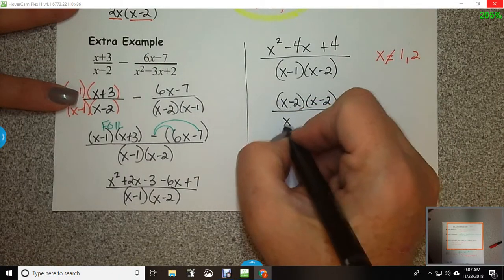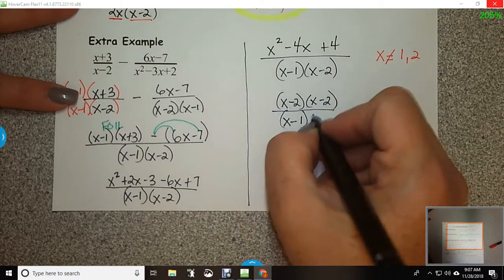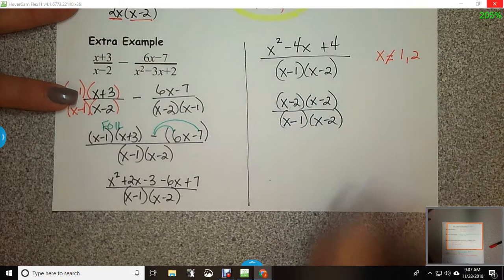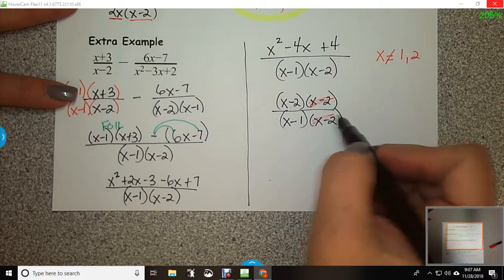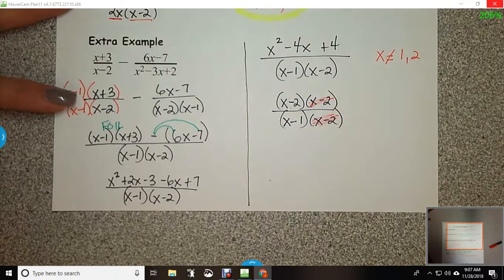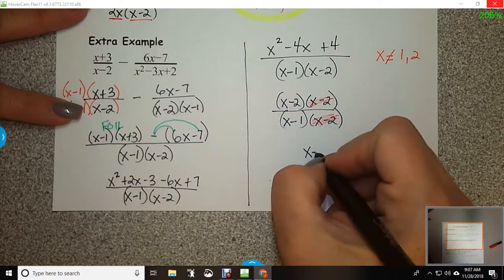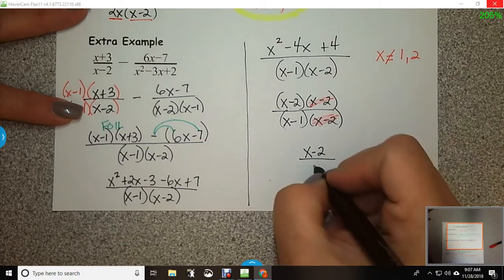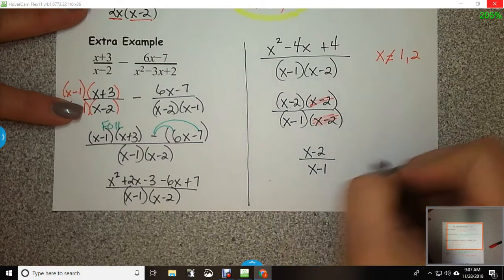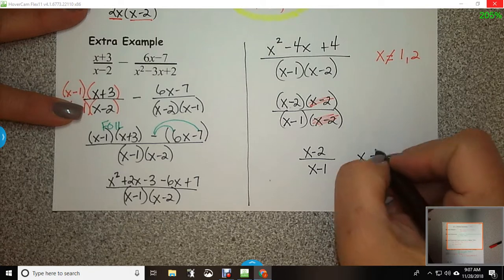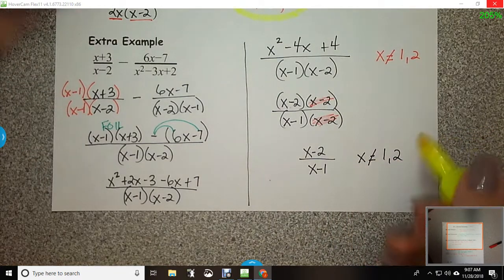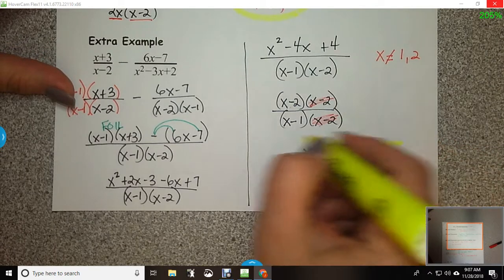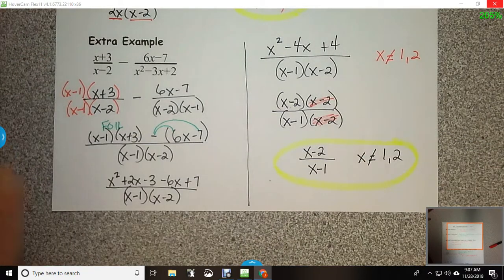My denominator is x minus 1 times x minus 2. And I can cancel one of my x minus 2's on the top with the one on the bottom. My simplified answer is x minus 2 over x minus 1 with x not equal to 1 or 2. And there is your simplified answer.